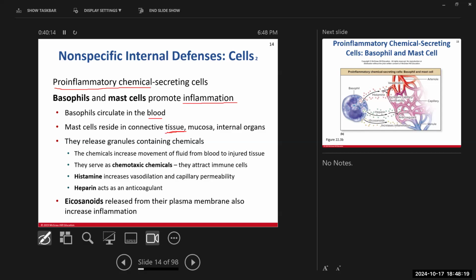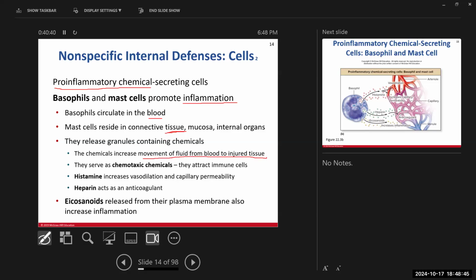So what we're going to see is these cells are going to release from the granules, because remember, basophils are granulocytes. They're going to release these chemicals that are going to allow fluid to move from blood to any injured tissue. Like when you scrape your knee, and I think the example that your book uses is somebody skateboarding, they fall off the skateboard, they skin their knee.